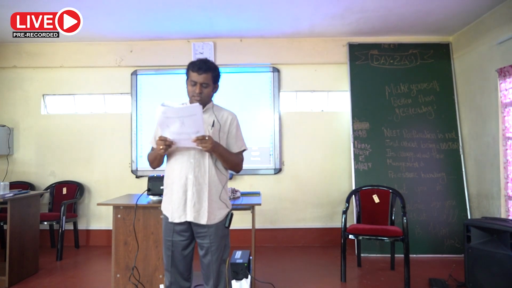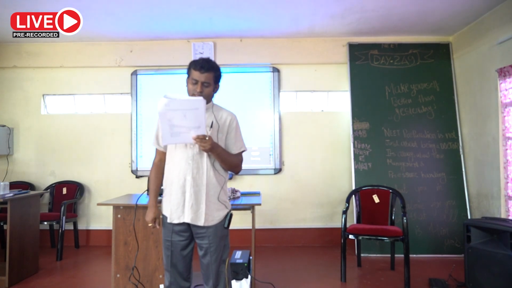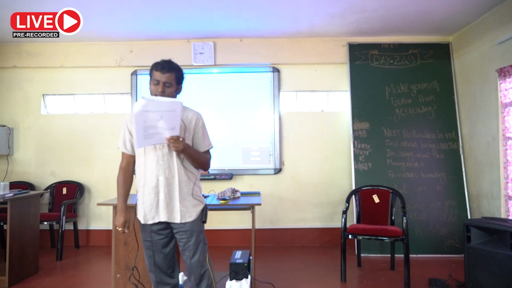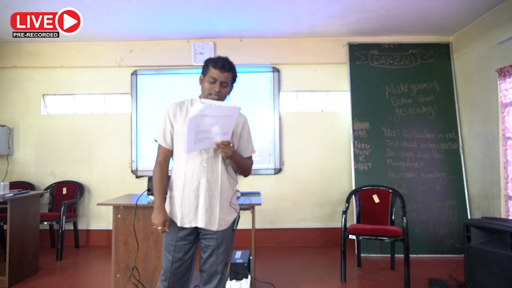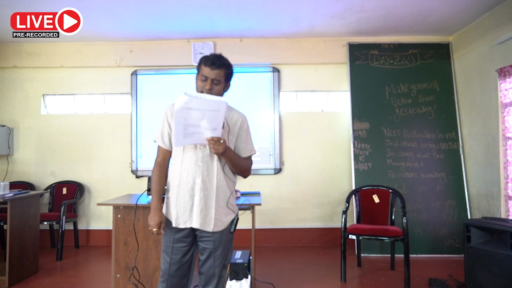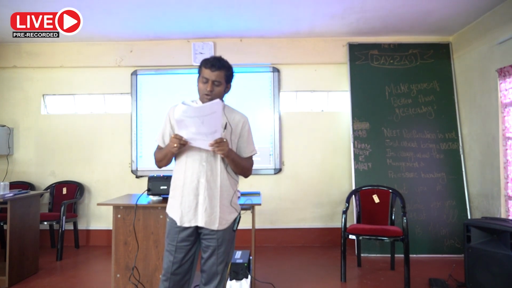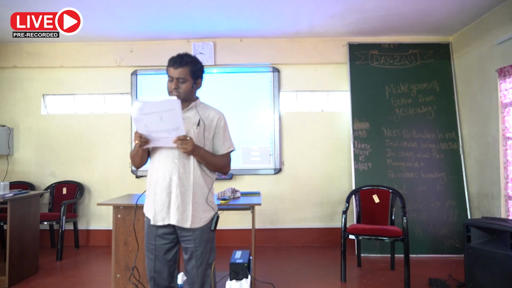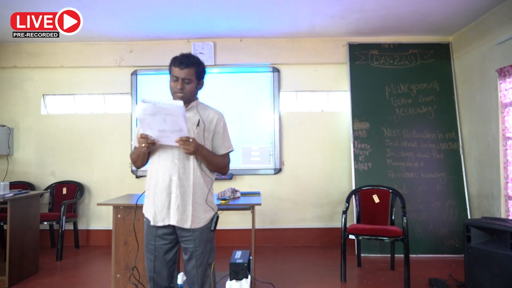Now, question number 3. In the given figure, A is given as 15 meter per second square, which represents the total acceleration of the particle moving in clockwise direction in a circle of radius r at a given instant of time.